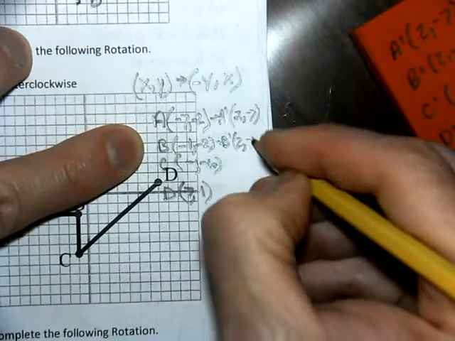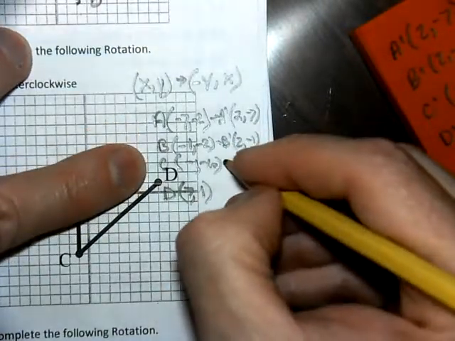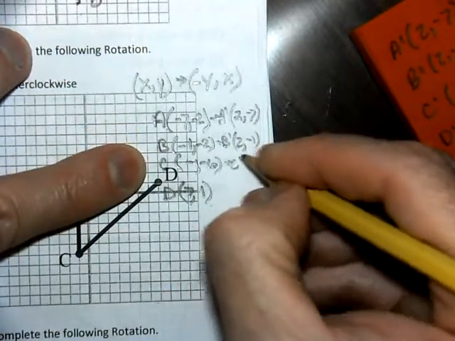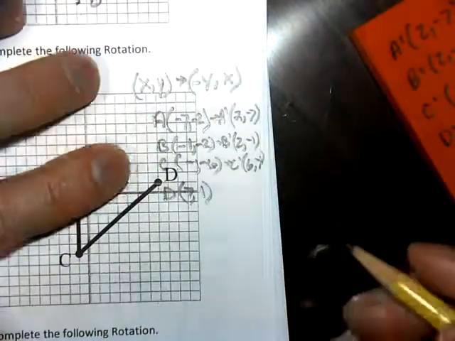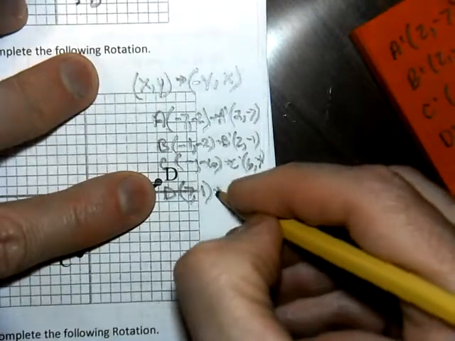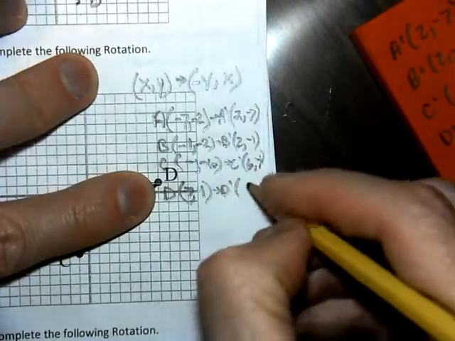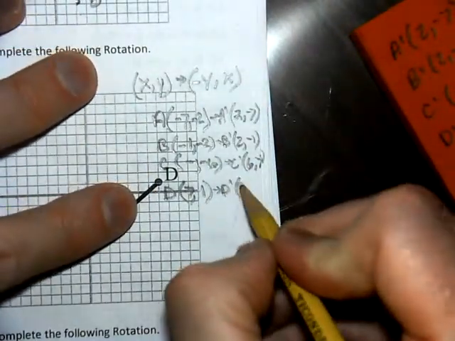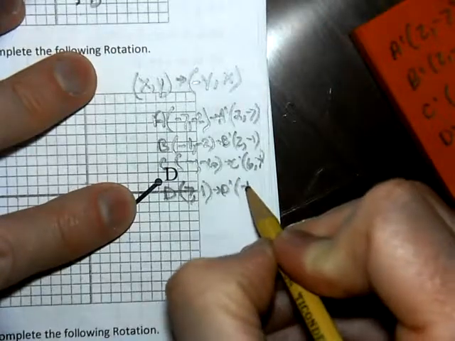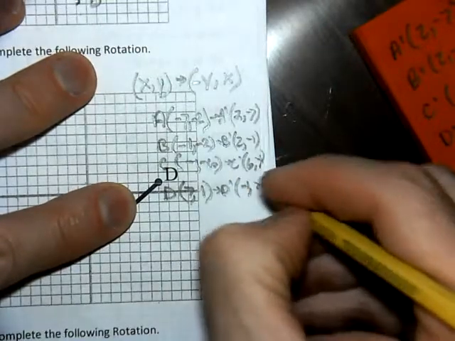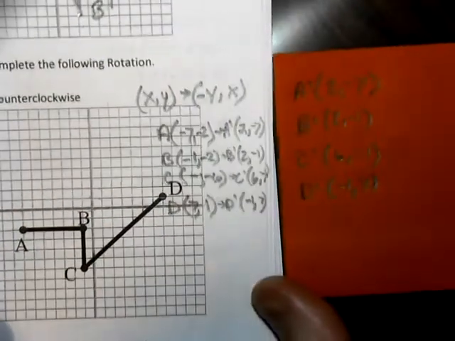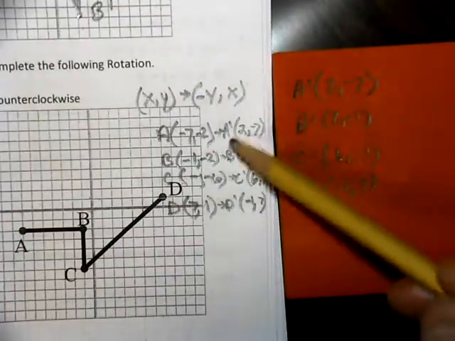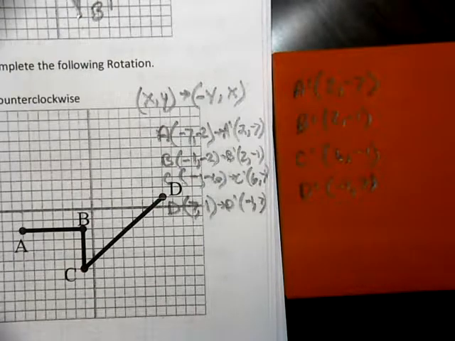Switch those and get 2, -1. Switch those and get 6, -1. And switch those and get -1, 7. And if you compare that, we see that they match up exactly.